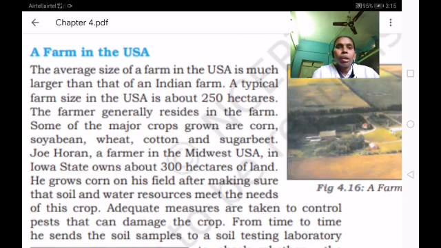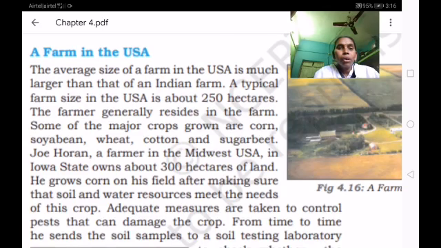Joe Horan is a farmer in the Midwest United States of America. He lives in the Midwest, in the state of Iowa, and owns about 300 hectares of land.